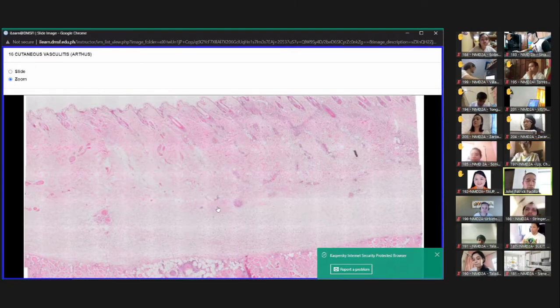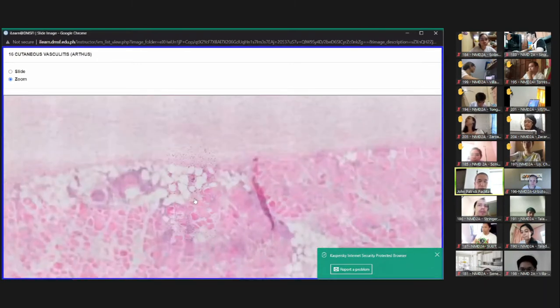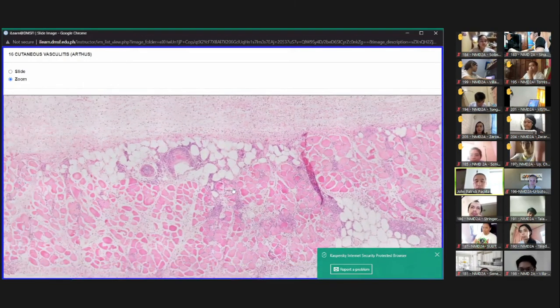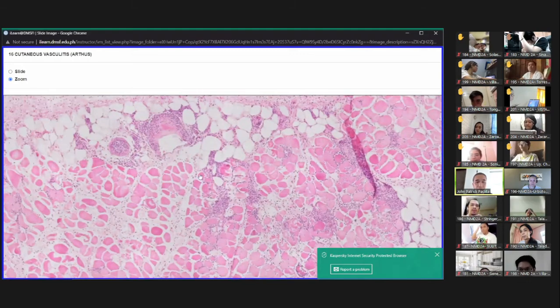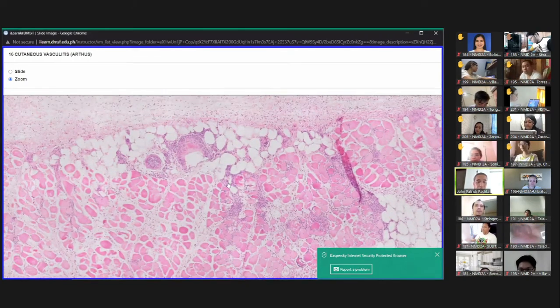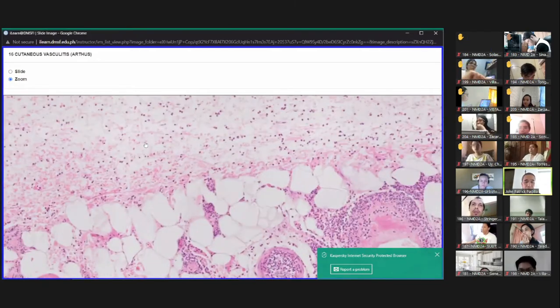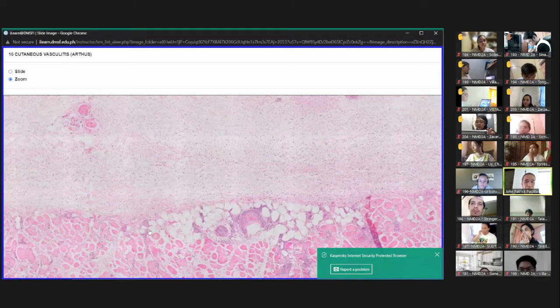This would fall under type 2 if there is the presence of ANCA, anti-neutrophil cytoplasmic antibodies. What we would see here is the presence of a lot of neutrophils in the subcutaneous tissue as well as in the papillary dermis.